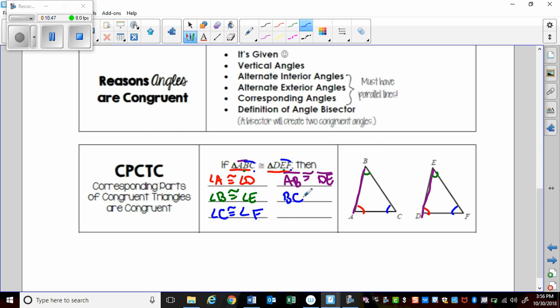Side BC is congruent to side EF. BC is this side, is congruent to this side. And my last step is side AC is congruent to side DF. AC is congruent to DF.